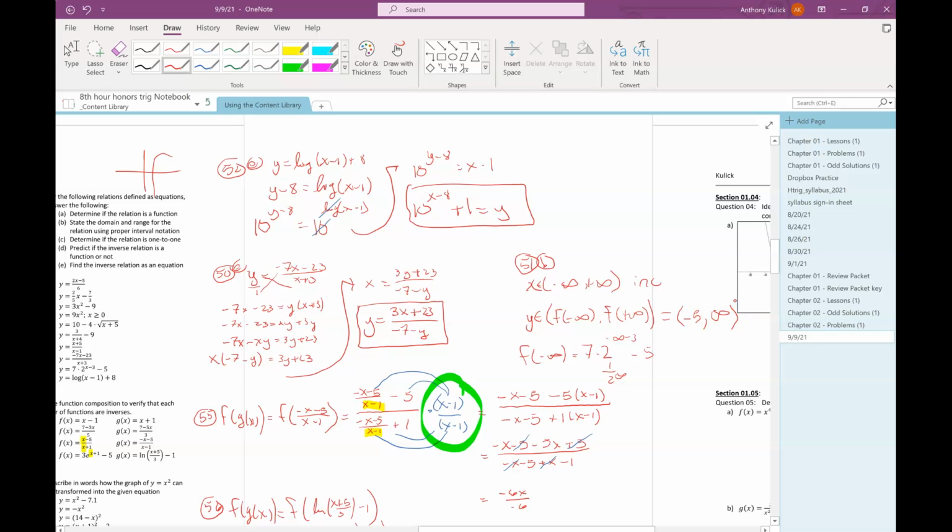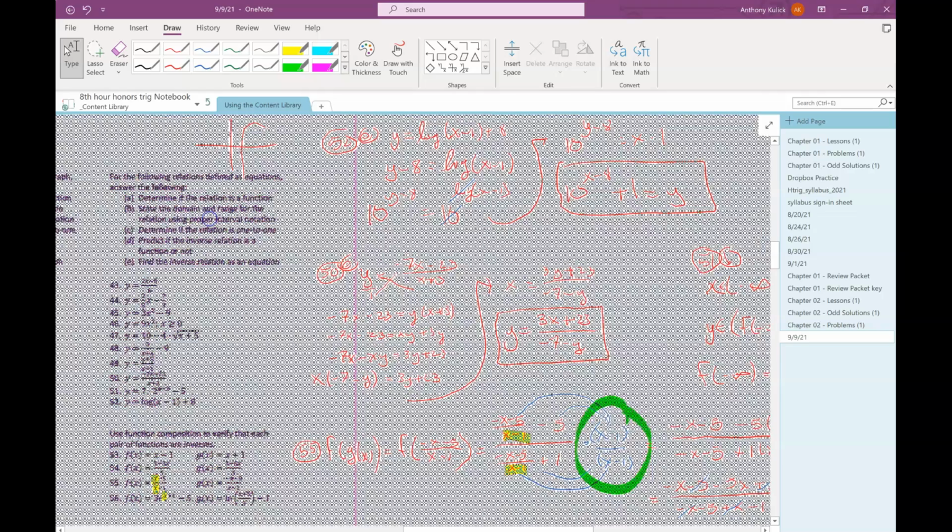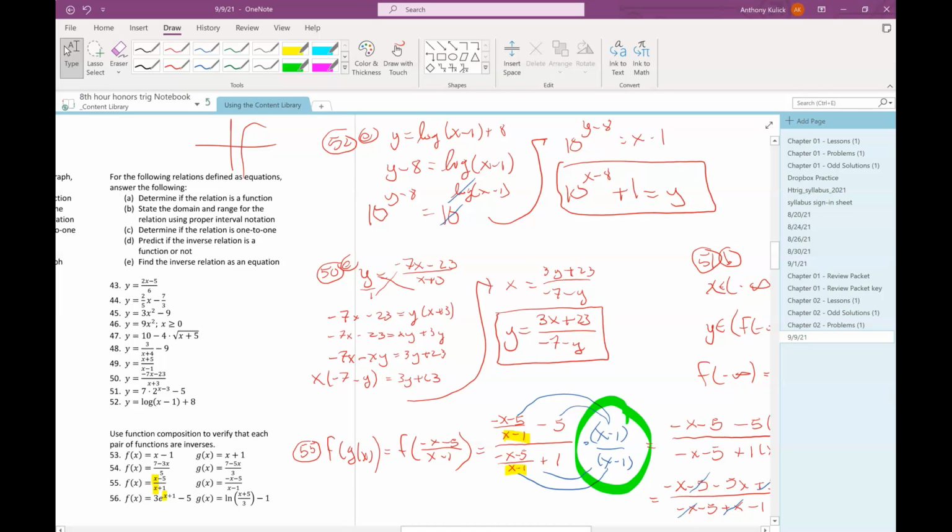Or, since I don't think I asked for it algebraically, you could have just looked at the graph: the horizontal asymptote is at negative 5, and it's going up. You can do it that way, but the directions don't ask you to find the range or domain a specific way.